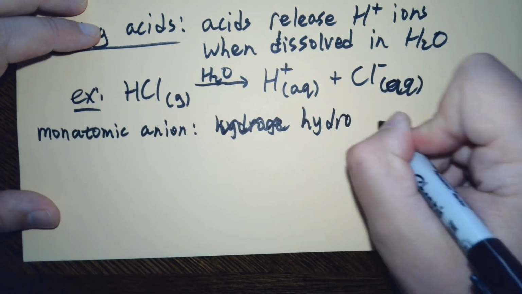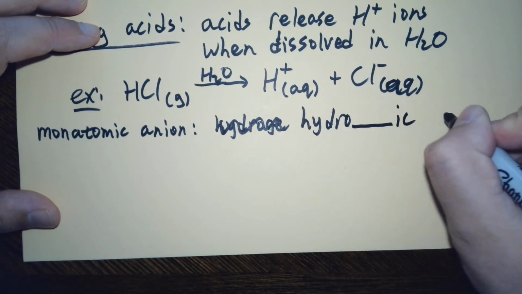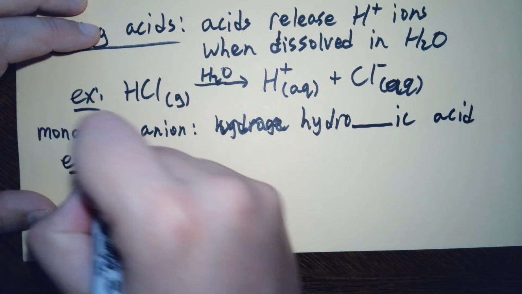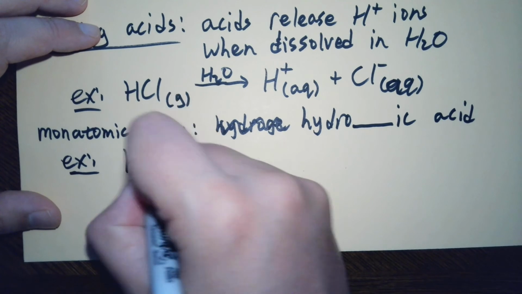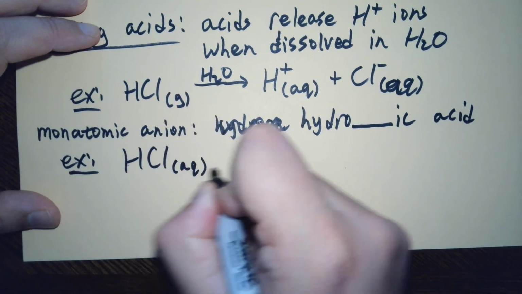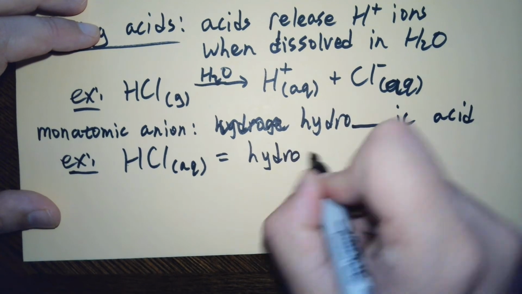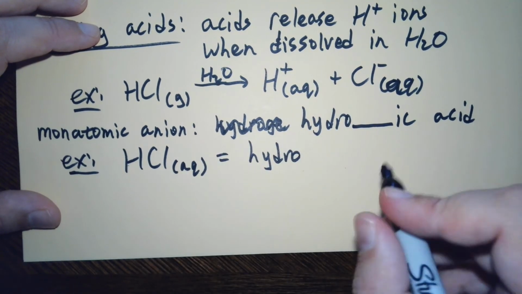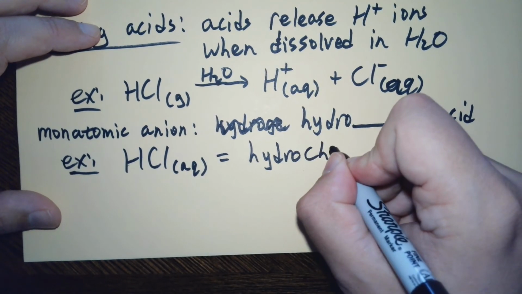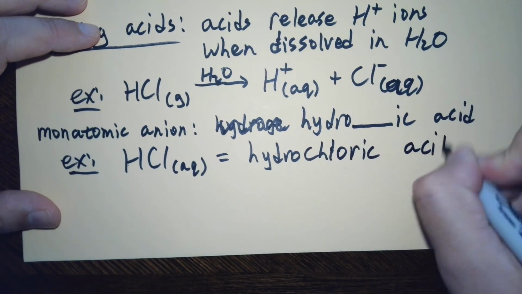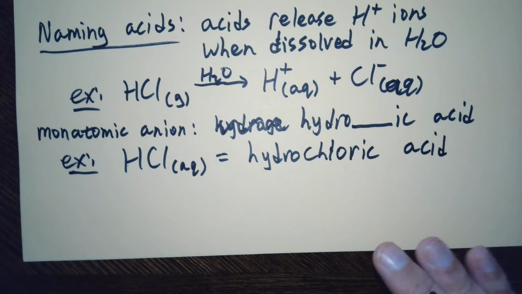Hydro blank ic acid. So for example, HCl, we dissolve that in water. It's going to be hydro, and then we have the chloride anion left, so it's chloric. So we change the ending to ic acid. So we keep changing the endings on these things, I know.